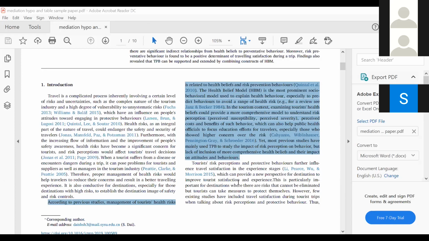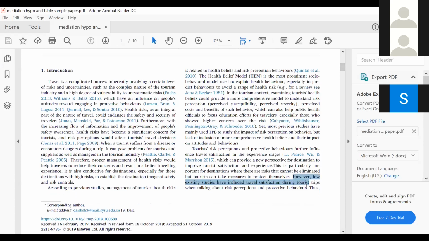There is a line which you will always get in papers. This is the line.